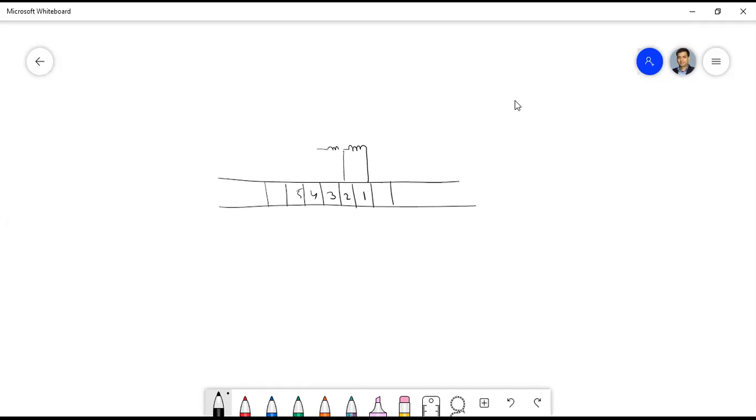Now you have some coil here, another coil is here, like this. I am not drawing the bigger coil, I am only drawing the small coils, like the coil representation only.